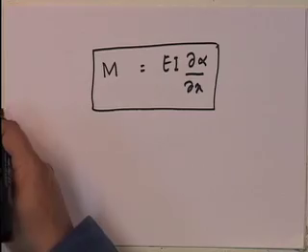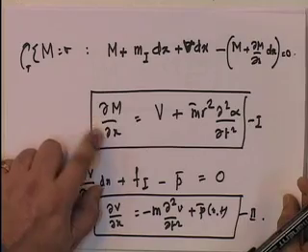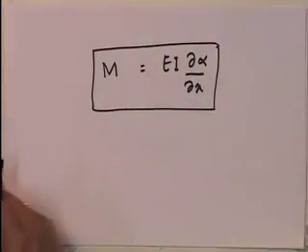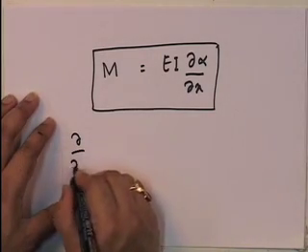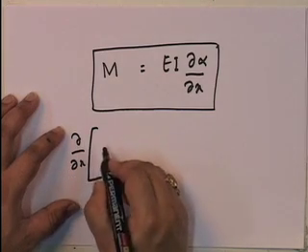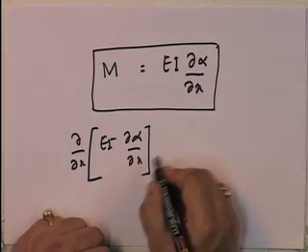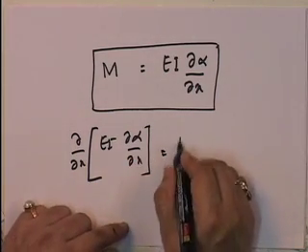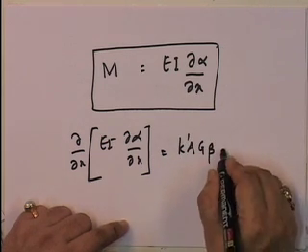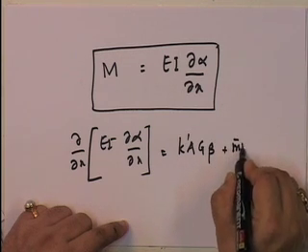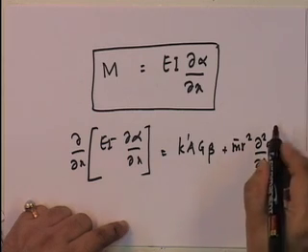So, now if we go back to that moment equation here, I can rewrite it in this fashion: del by del x into M, so M is EI d alpha upon dx, is equal to V. V is nothing but K bar A G into beta, plus m bar r squared del squared alpha by del t squared.